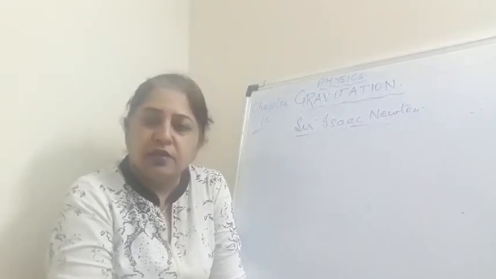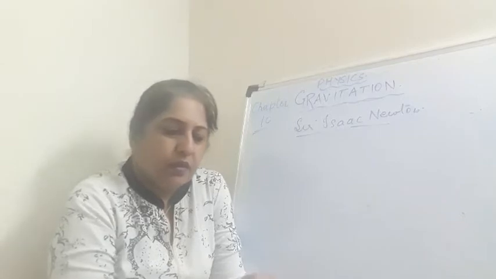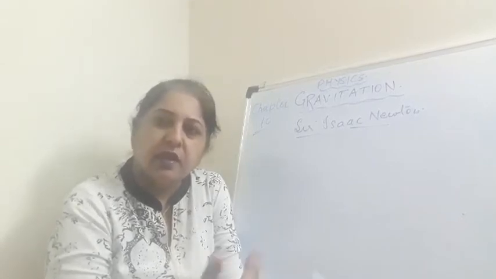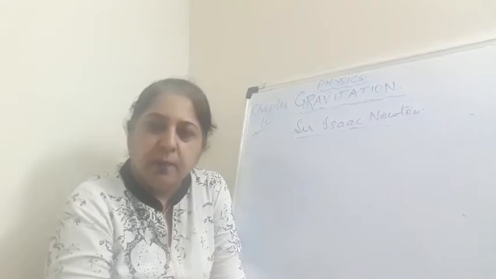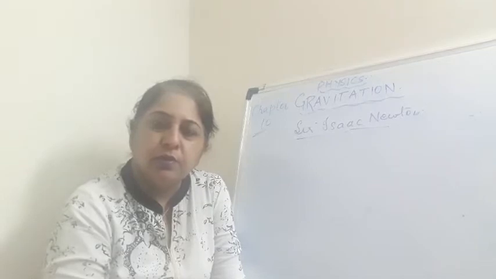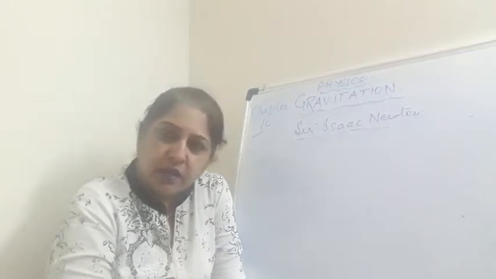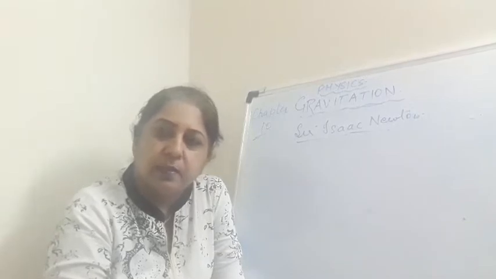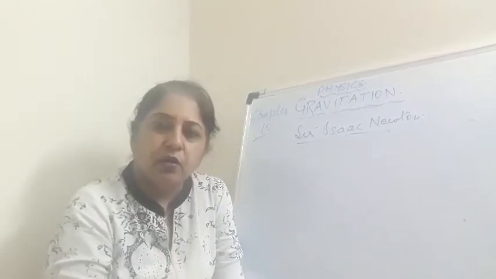Newton's law of gravitation says that every object in the universe attracts every other object by a force which is directly proportional to the product of the masses and is inversely proportional to the square of the distance between them. So I'll repeat the law.